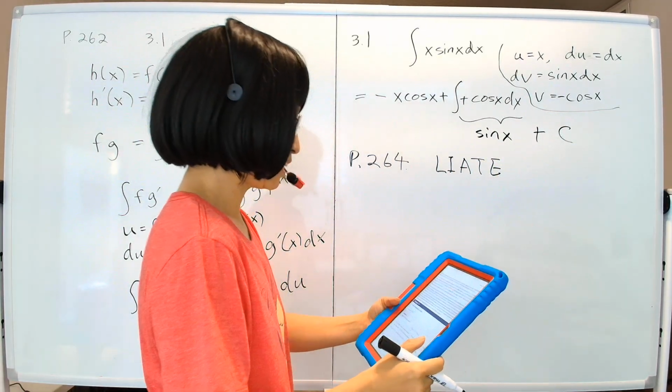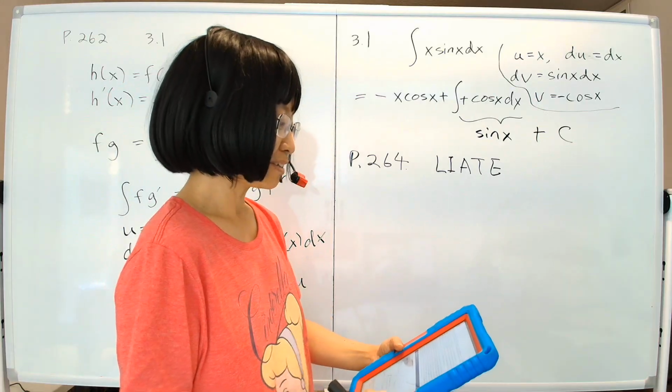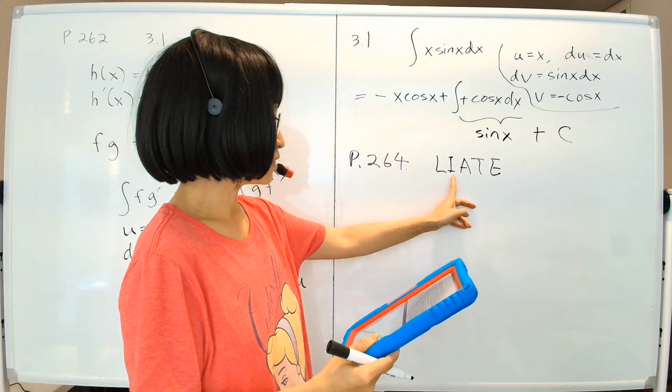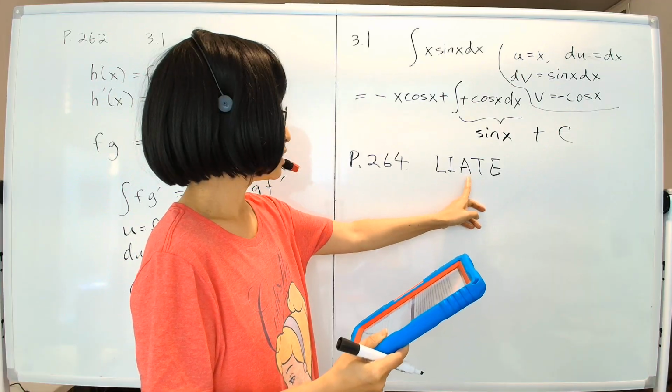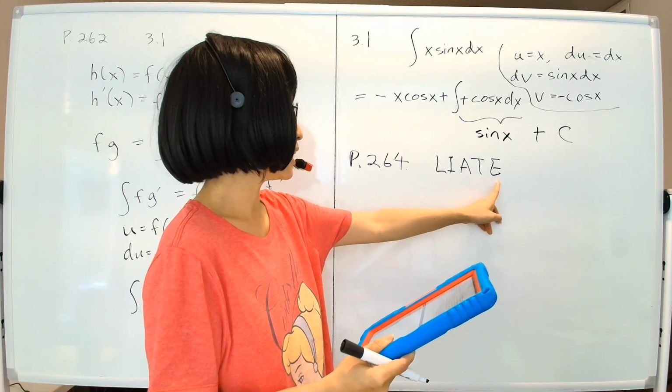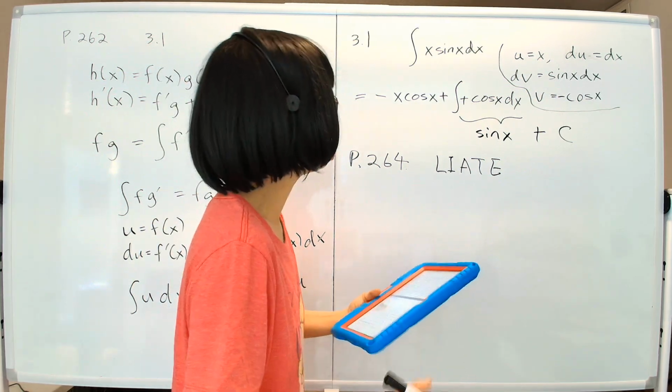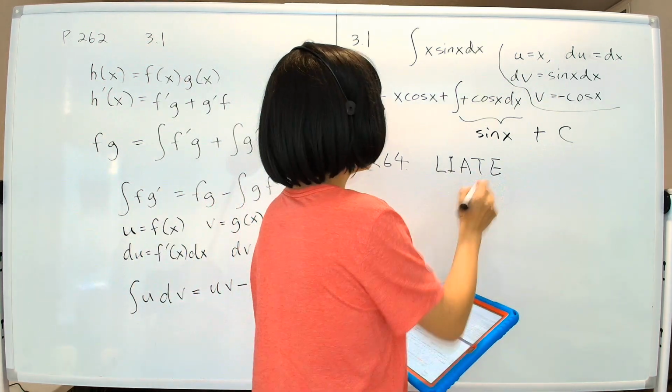And what does that mean? At the top of the page, it reads out to you. L is logarithm, I is inverse trigonometric functions, A is algebraic functions, T is trigonometric functions, and lastly, E is exponential functions, which is somewhat funny, but that's the rule.